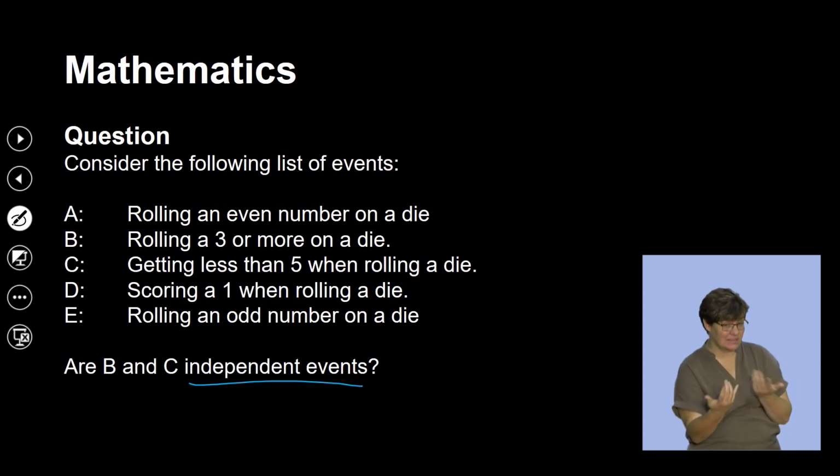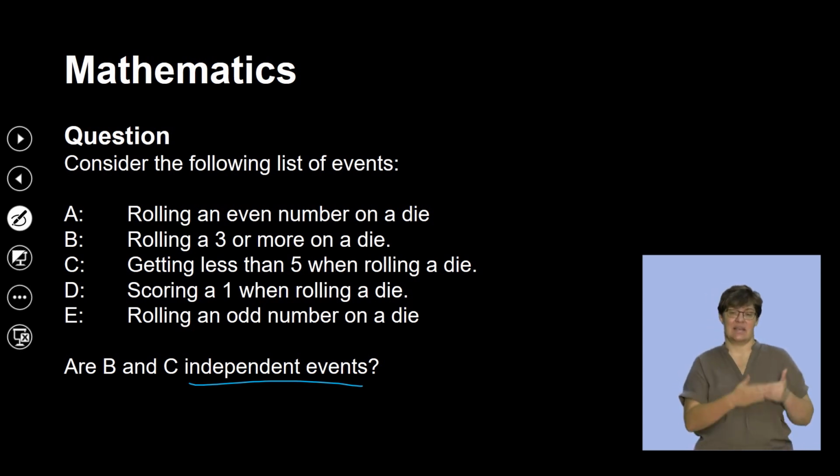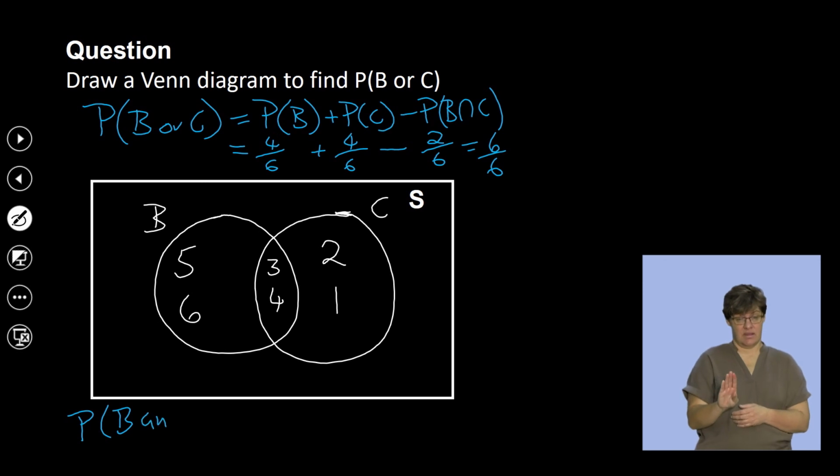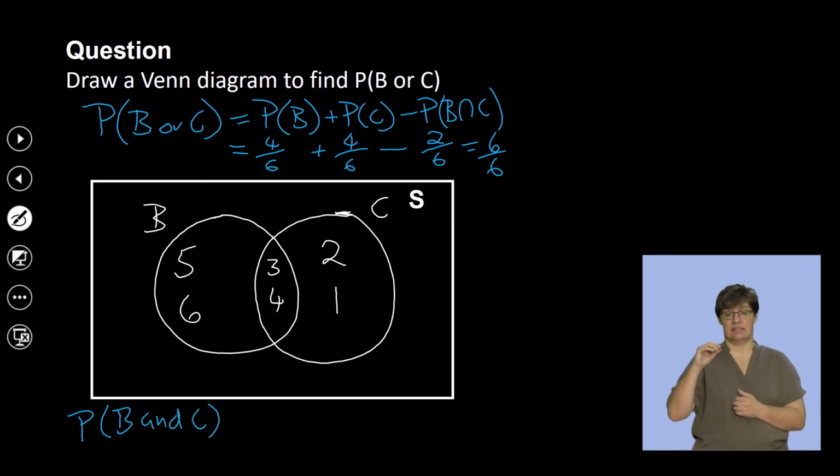And we have to be careful when we're doing this independent calculation. So let's just make sure that we've got the calculation over here. We recognize where the sets are, and we want to make sure that we're going to calculate the probability of B and C. Now, what's the probability of B and C?